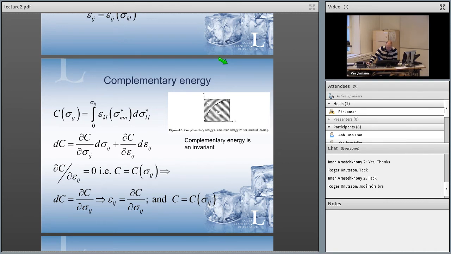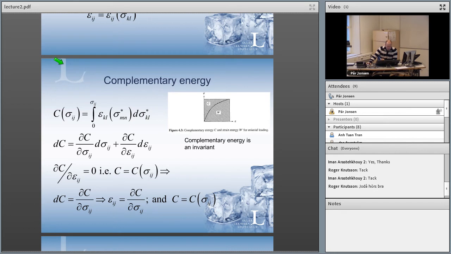So that's why you have this relation. And if you take this integral from 0 to the point where you are in stress for the moment, you will find the complementary energy at that point. It's not path dependent, it's a state variable.